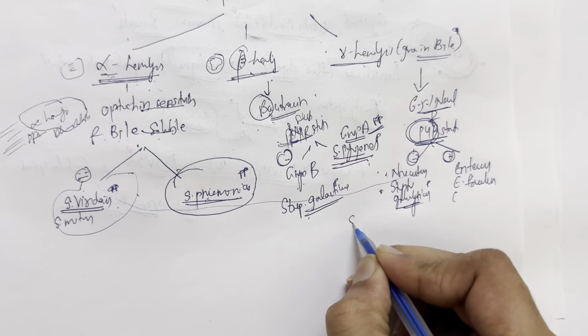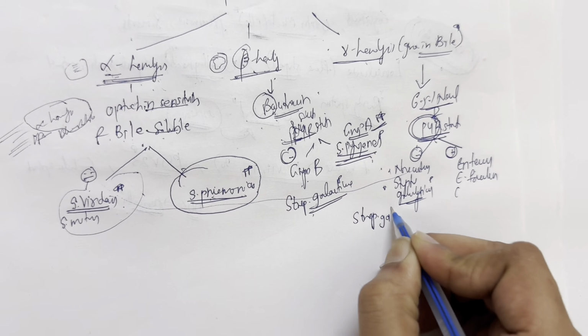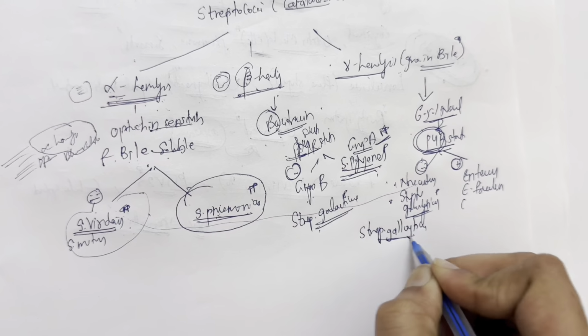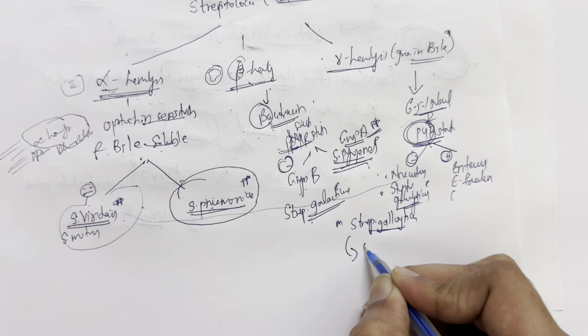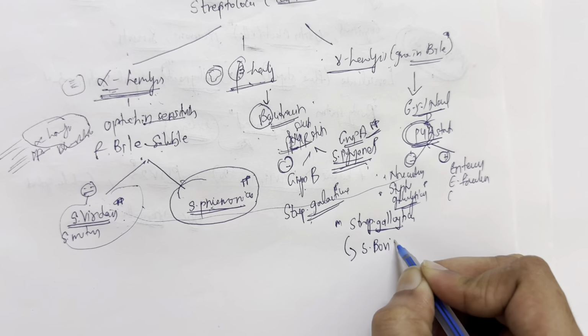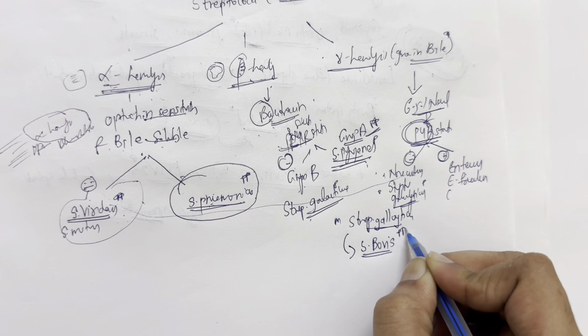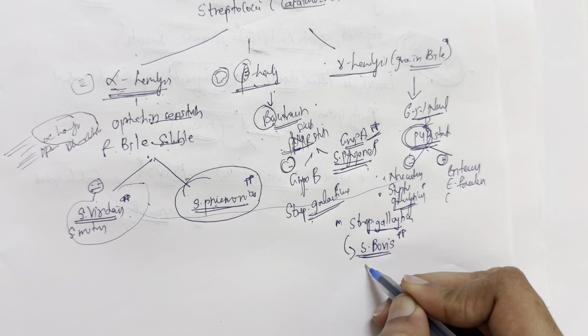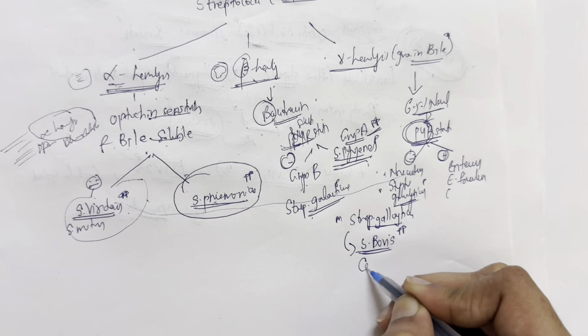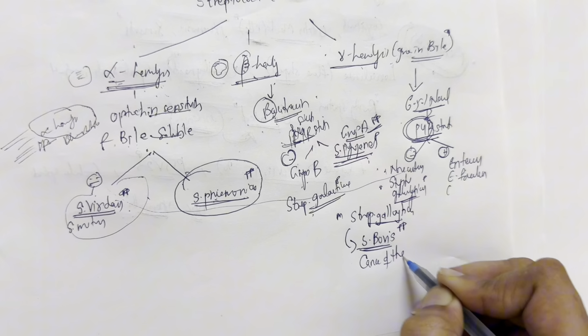Now, Streptococcus gallolyticus: there are very few points to discuss about this organism. It was formerly called Strep bovis. Strep bovis is associated with cancer of the colon.